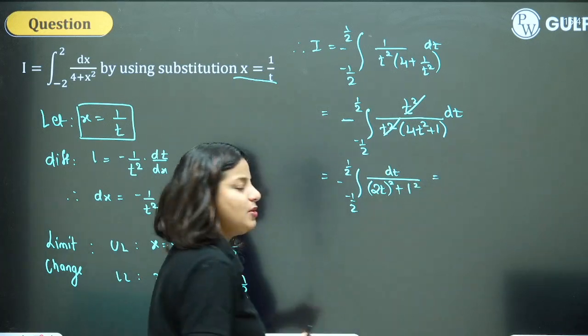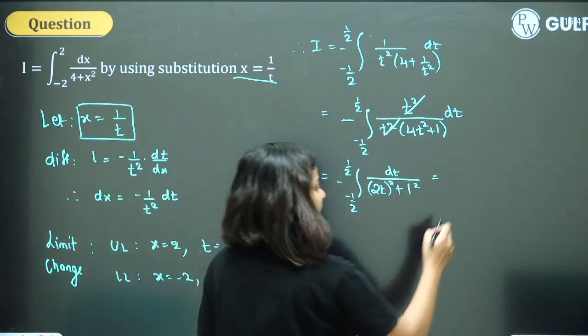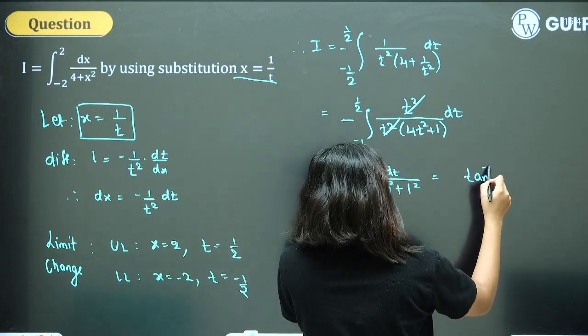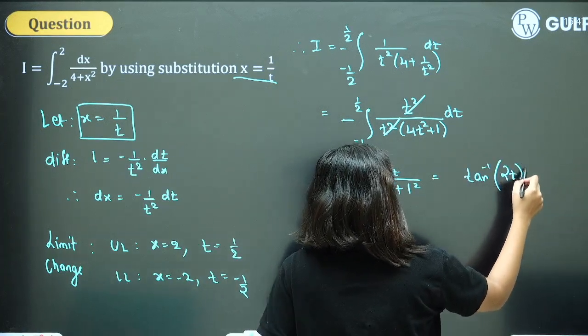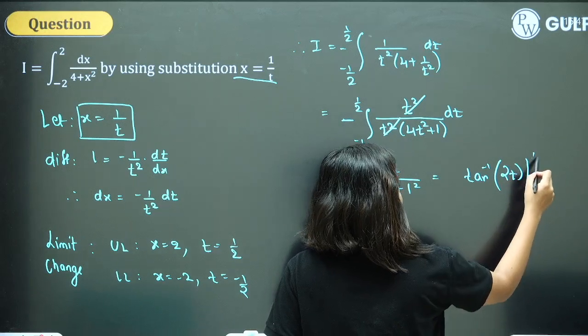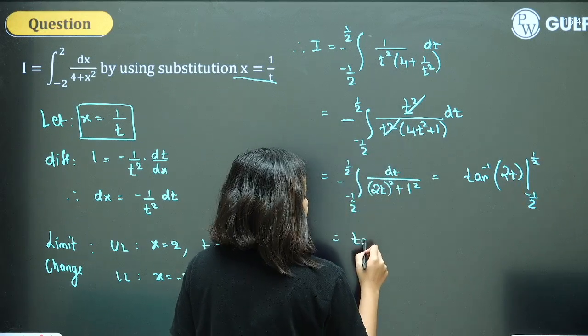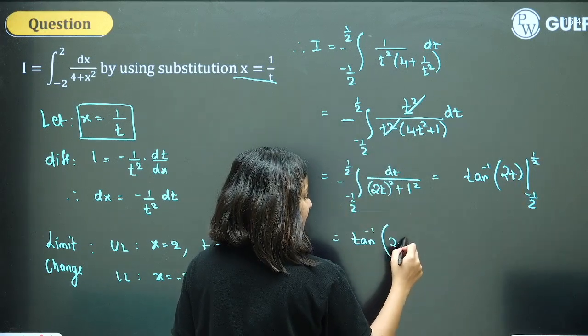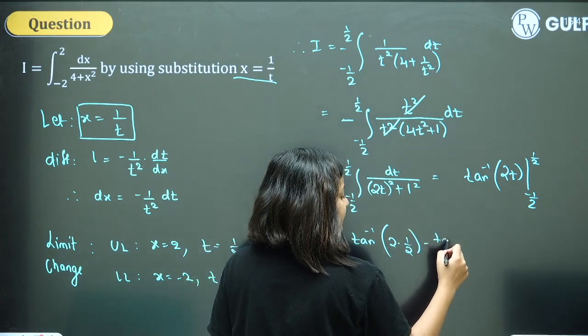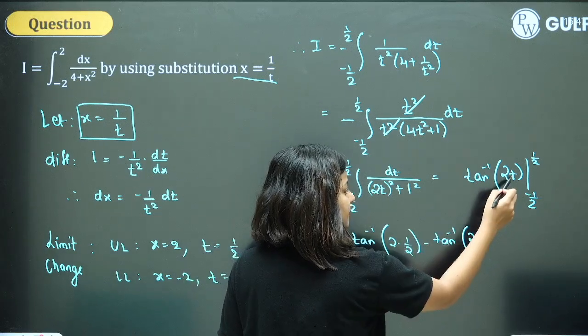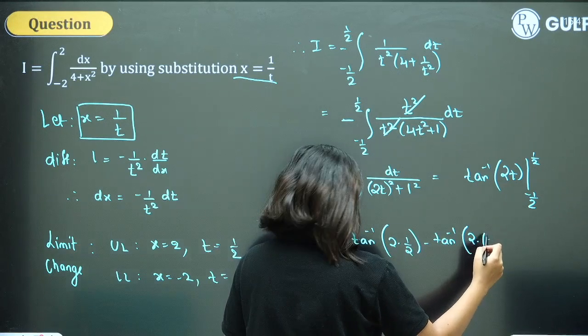Formula for this will be 1 upon x square plus a square is 1 by a tan inverse of x by a. Tan inverse of 2t from minus half to plus half. Let's put the value here. Tan inverse of upper limit, which is half, minus tan inverse of lower limit, in place of t minus half.